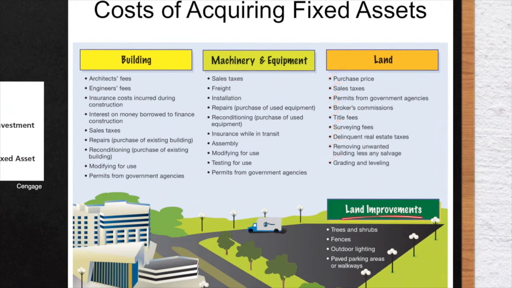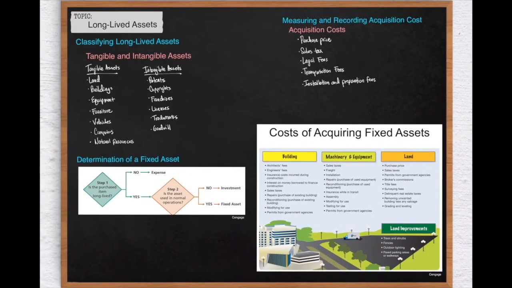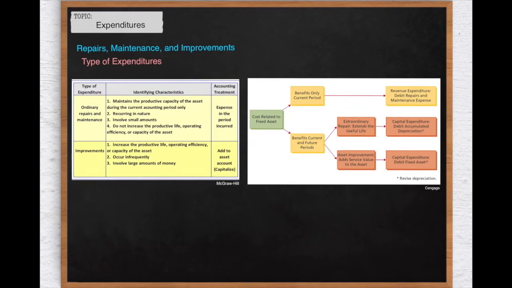So building, machinery, equipment, and land are all long-term assets. If it's a land improvement, those are the examples there. But land improvements are not, repeat, are not an example of a fixed asset or a long-lived asset. That's just improving something like land.